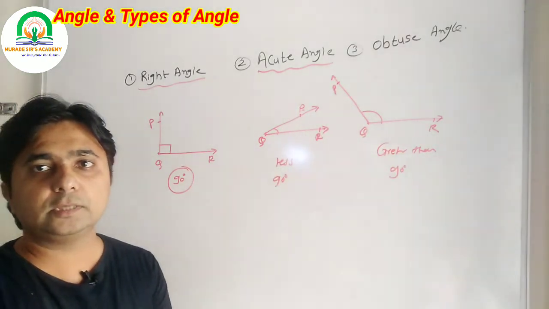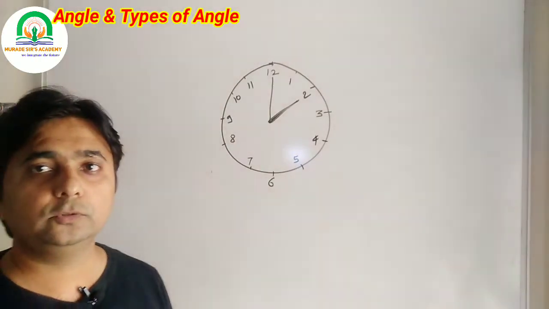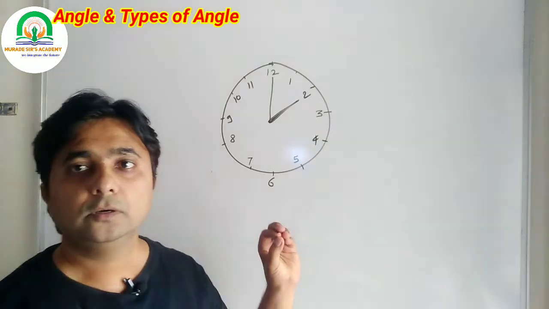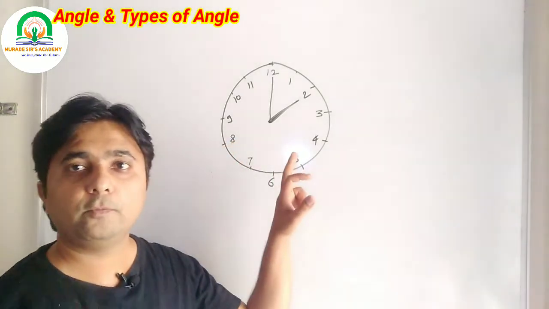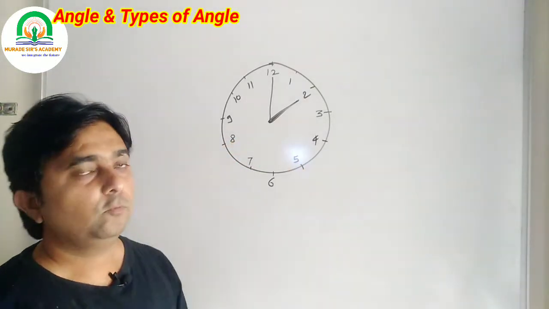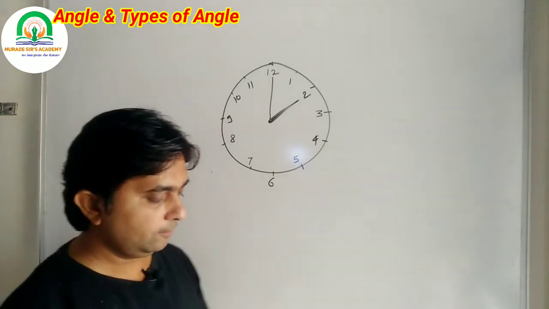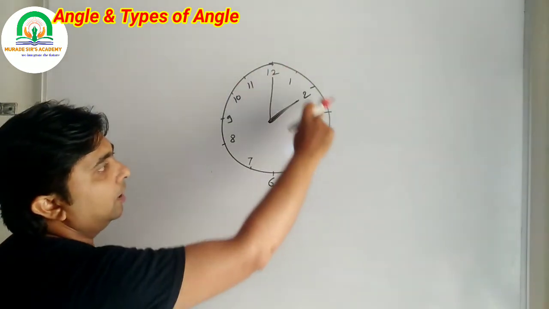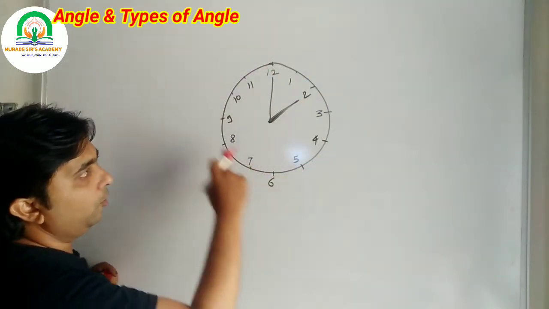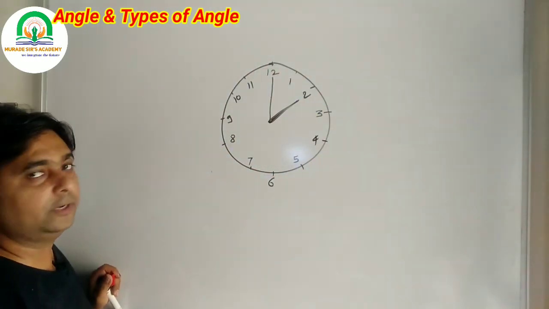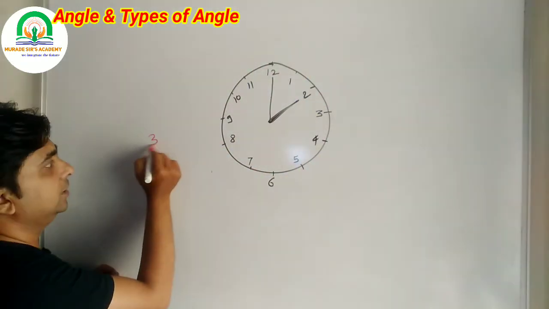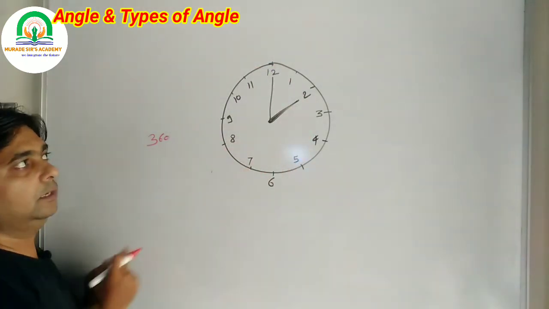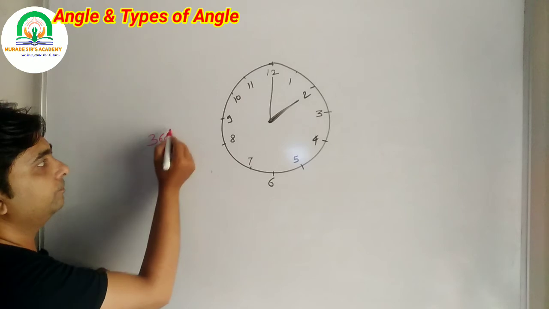Okay, we will take some questions. Before going to the questions, we will see some basic watch type of questions. This is a wall watch. This is a circle, and one rotation of the circle is 360 degrees.